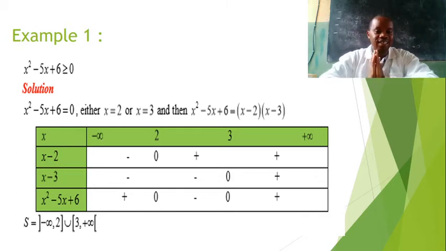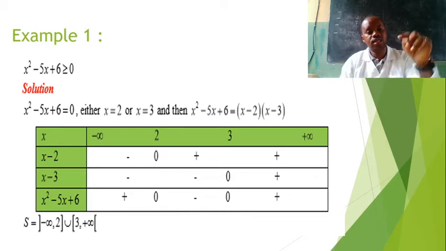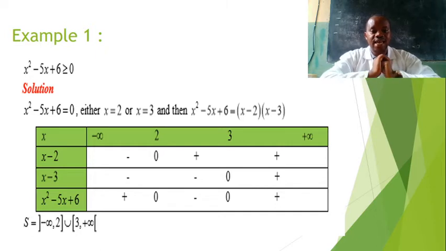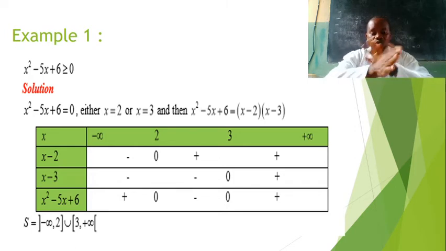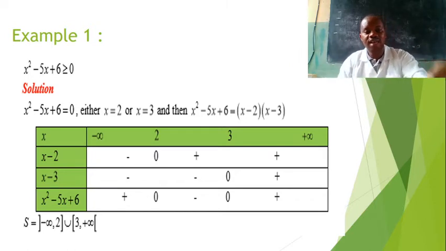We choose any number between 2 and positive infinity. Also we place it in the same factor, which is x minus 2. For example, let us take 3 or 5 or 10. You can take any number that you want. If you take 5, you get 5 minus 2, which is 3.